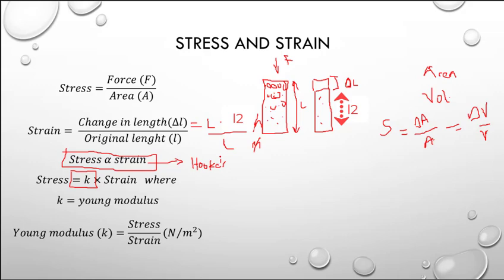So strain has no unit. But for stress, the unit of force is what? Newton. The unit of area is what? Meter square. So force over area is going to give us what? Newton per meter square. I hope you are following. So that is the idea and basis behind stress and strain.